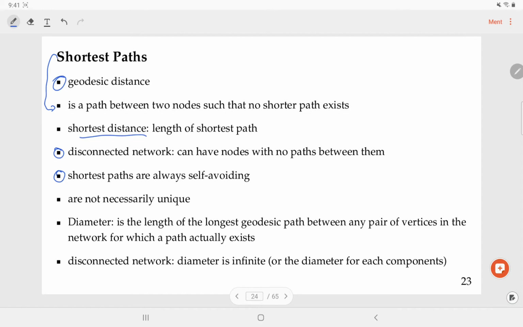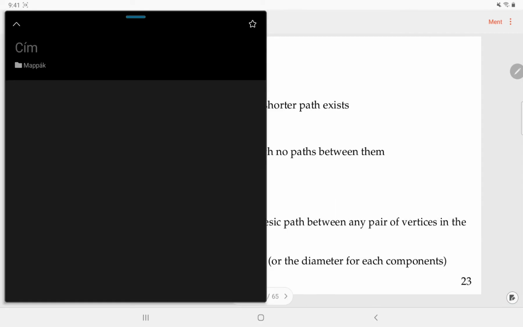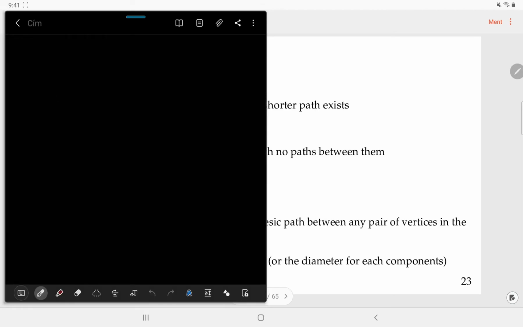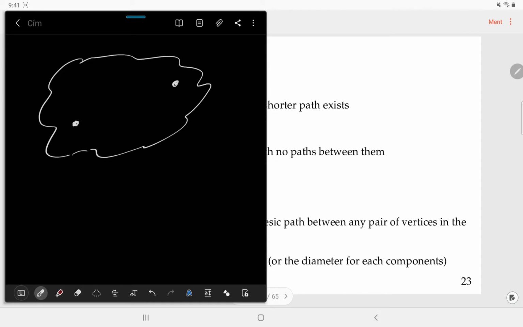It's obviously true because if we have a graph and we measure the shortest path between two nodes, then if we start the path and all of a sudden we get back to a node which we have visited already, then of course this loop, or cycle, doesn't need to be there.